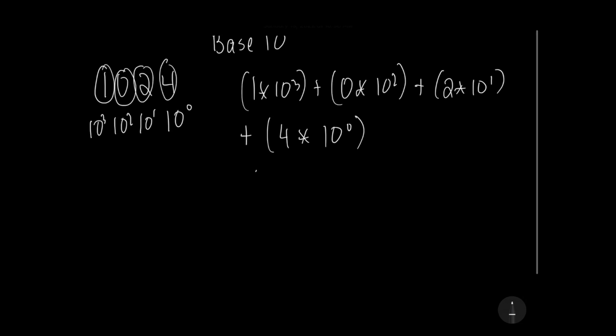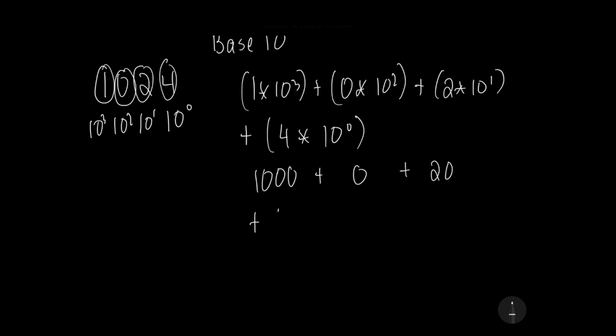And that's going to end up being 1,000 plus 0 plus 20 plus 4. Hence, we get 1,024. Okay, so this is how this whole base system works and just how numbers work in general.